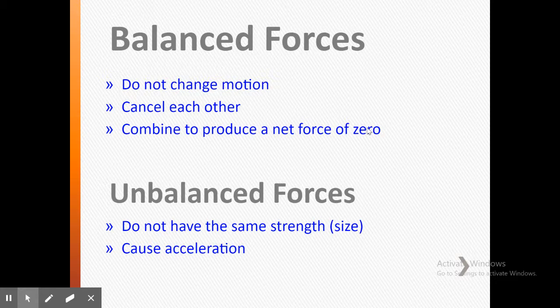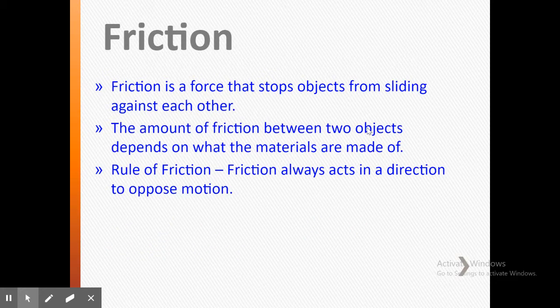Last vocabulary word for today is friction. Friction is basically a force that stops objects from sliding against each other. The amount of friction depends on what the materials are made of. Sandpaper is going to have more friction than smooth sheet metal. And the rule of friction is that friction always acts in the opposite direction of the opposing motion.